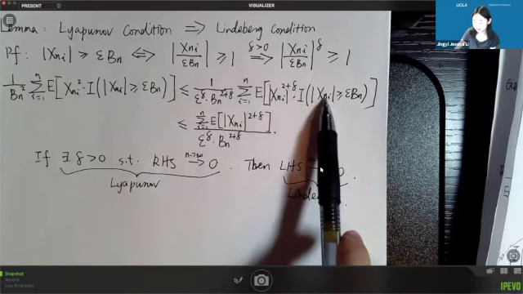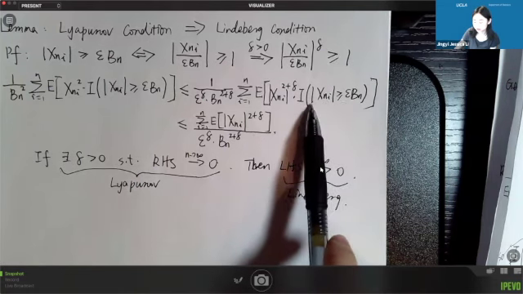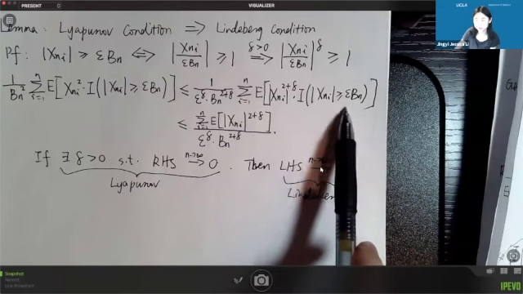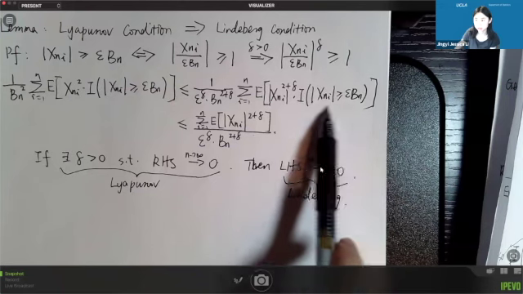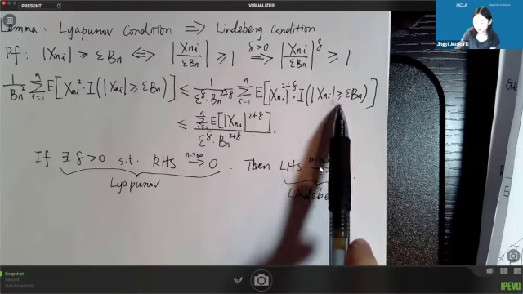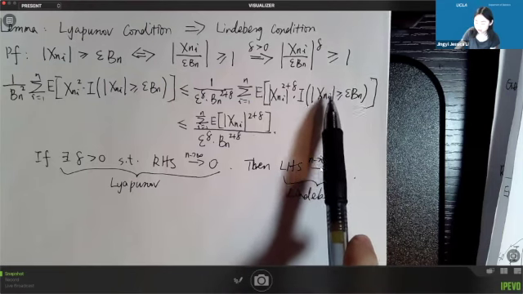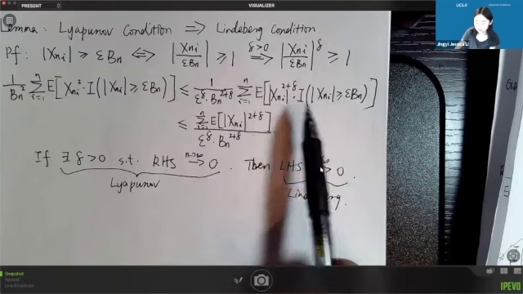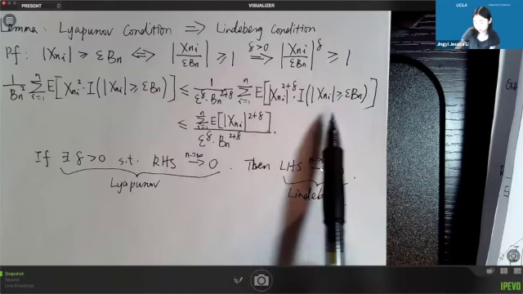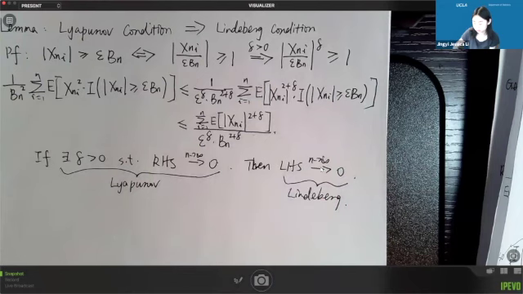The indicator says you only need to worry about when it takes value 1, that is, when the event is happening. So you can assume this event happens for sure, and then do the multiplication. When it's not happening, you are guaranteed a 0, so you don't hurt anything. And another useful thing about the indicator function is that you can always upper bound it by 1. You can replace it by 1, and then you have an upper bound. That's also very useful.